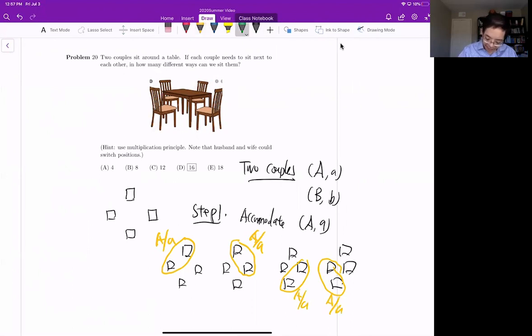Then the other 2 positions are for the second couple, BB, in each case.